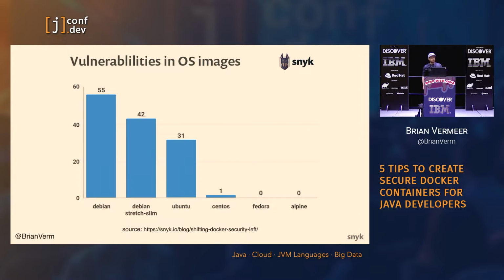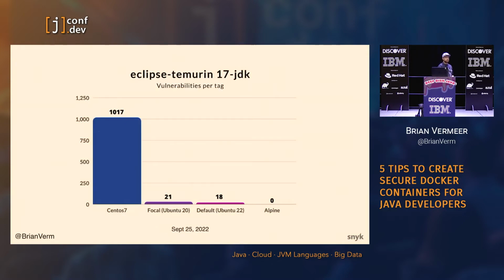A few days ago, I did a test with Eclipse Temurin. So I used to do this with AdoptOpenJDK, but of course I needed to update my talk. So I went for the Eclipse Temurin 17 JDK version. And what we see is that there's a difference. If I use no tag at all, the latest one, which is based on Ubuntu 22, that had 18 vulnerabilities in the operating system layer.